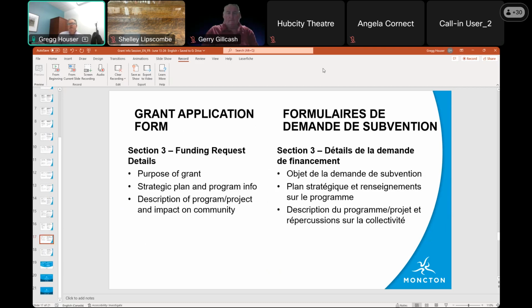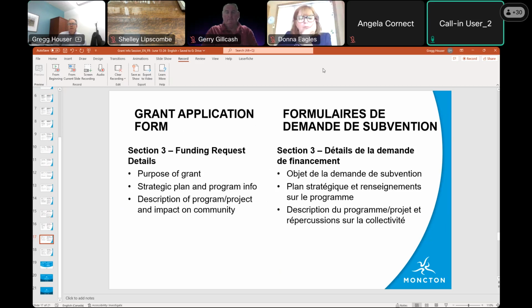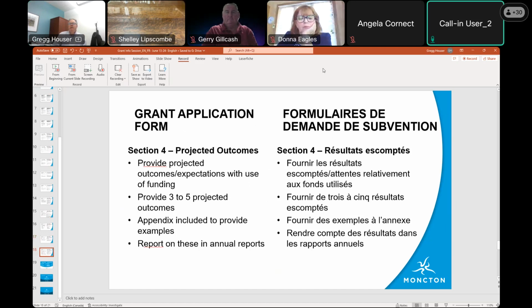So funding request details, this is where you lay out basically the purpose of the grant, the strategic plan, description of the project, and the impact in the community. There are several questions that address those. The final section we really want to bring in is basically the projected outcomes.